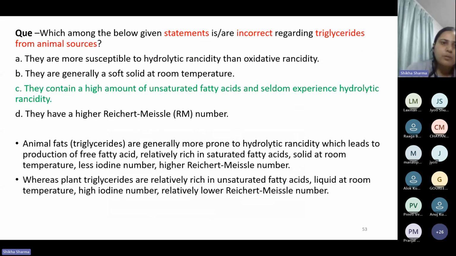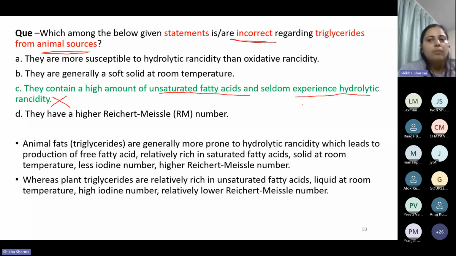So this is the solution of our problem: which among the given statements is incorrect regarding triglycerides from animal sources? The incorrect one is C. They contain a high amount of unsaturated fatty acids and seldom experience hydrolytic rancidity. This is not correct. So what happens in animal fats?